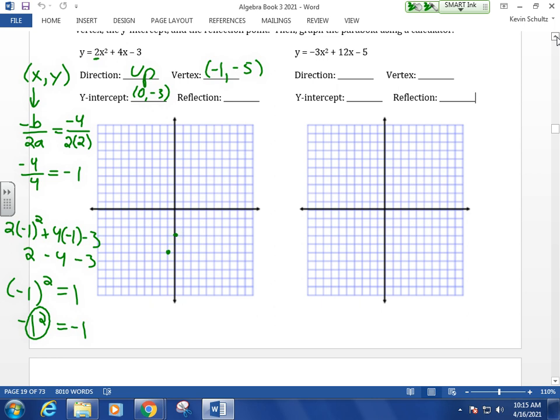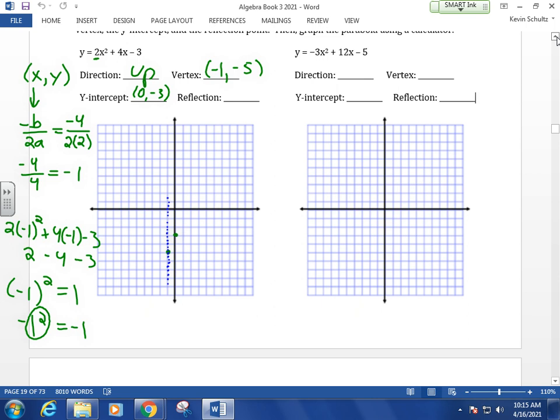Now to find a reflection point, we have 2 options here. We can either draw the axis of symmetry, which we'll start with. We know our vertex is that -1, -5 point, so drawing our axis of symmetry through that point, we said that the y-intercept is reflected over the axis of symmetry.